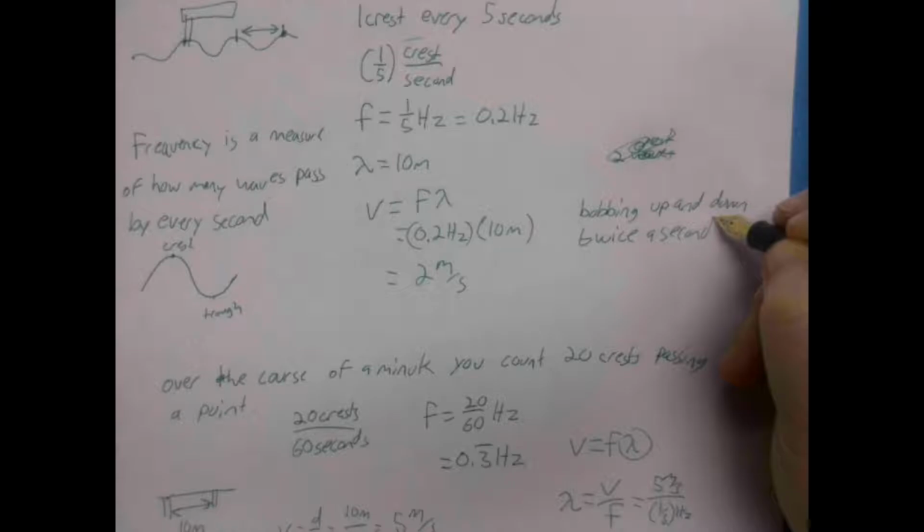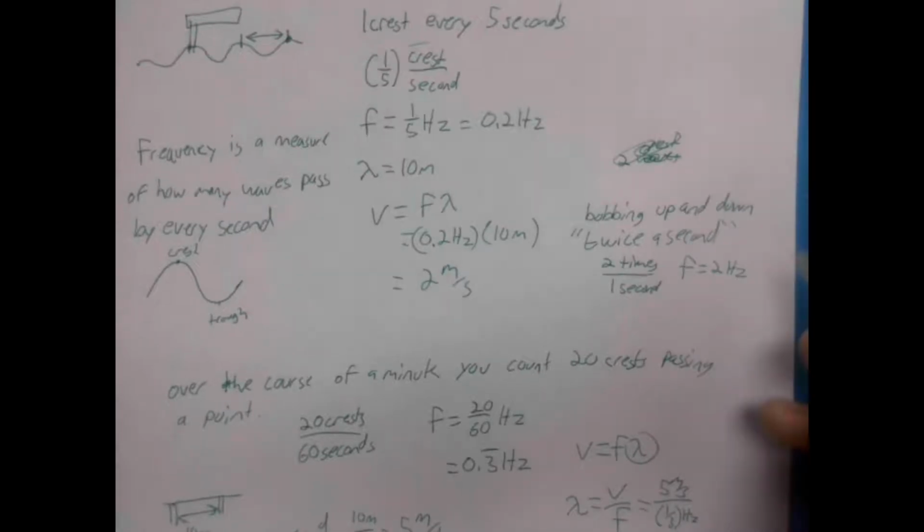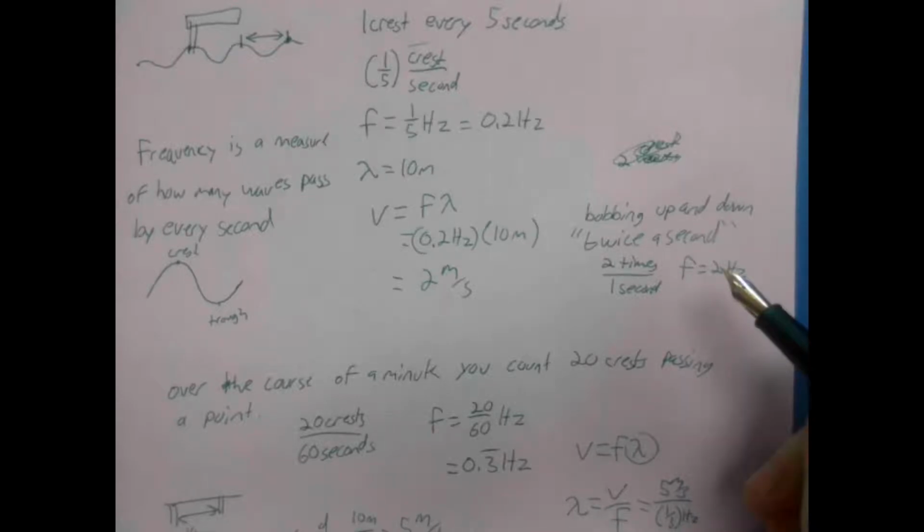So it's happening 2 times per 1 second. Frequency is 2 hertz. So 2 times per 1 second. The per second is what makes up the hertz. Hertz is a per second. So it's how many times a second? That's another definition of this.